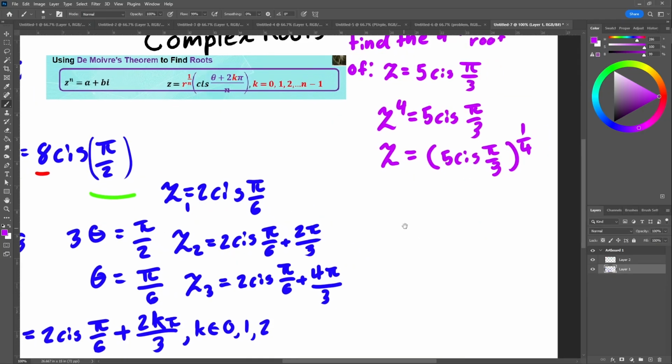So now we have, I think I'm running out of space, z is equal to 5 to the 1/4 times cis 1/4 times pi over 3. And then we get that 2k pi over n as well.